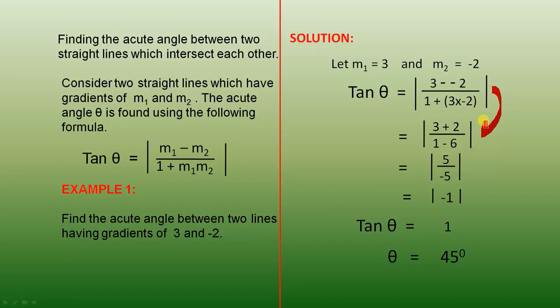Some simplification takes us to that line. Further simplification to that line. So 5 over minus 5 is minus 1. So the absolute value of negative 1 is 1. So if the tan of theta is 1, that means theta must be 45 degrees. So the acute angle is 45 degrees.